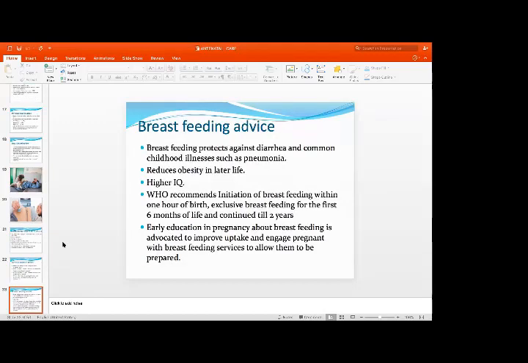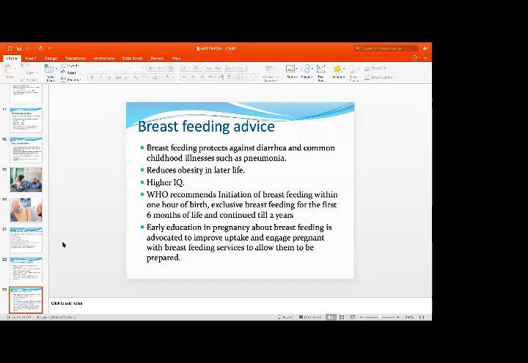Now, regarding breastfeeding, we have to prepare her for breastfeeding also during pregnancy. So, what are the benefits of breastfeeding? Breastfeeding protects against diarrhea and common childhood illnesses such as pneumonia and many other diseases. So, why does it protect against diarrhea? Because it contains immunoglobulins.